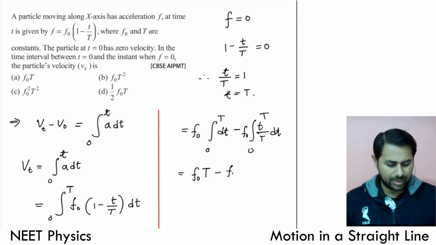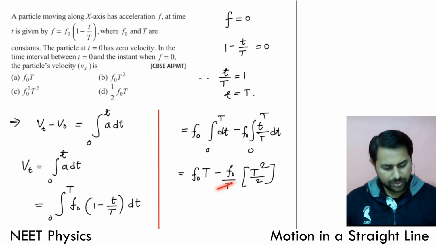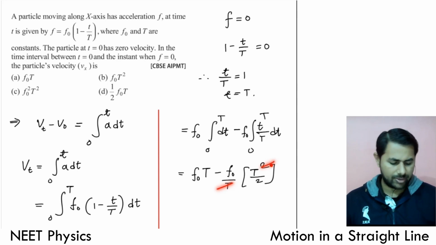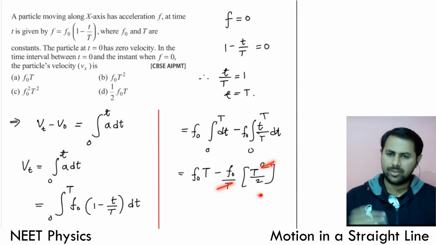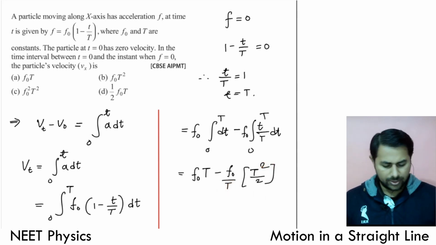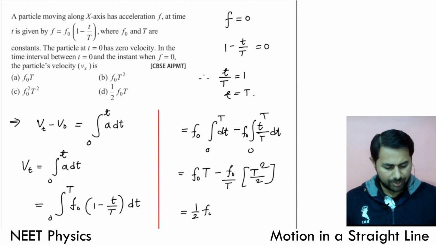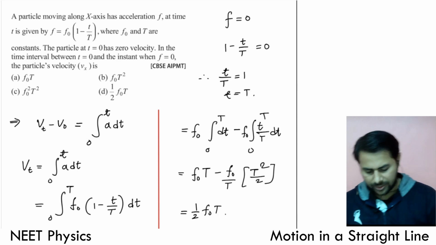You can take capital T outside, so it will be T square by 2 divided by T, so it is f naught times T by 2. F naught T minus f naught T by 2 means it is f naught times T by 2. So half of f naught into T. That's the answer. It is option D.